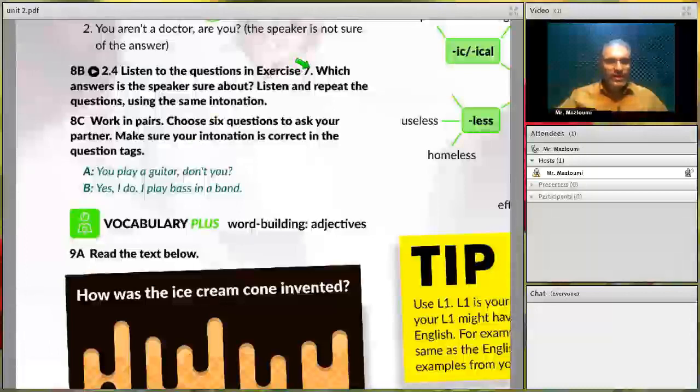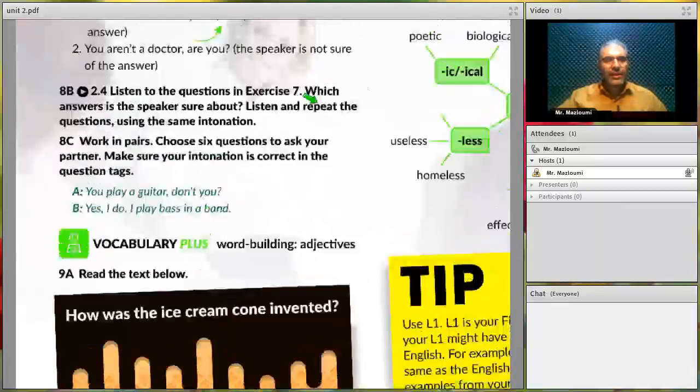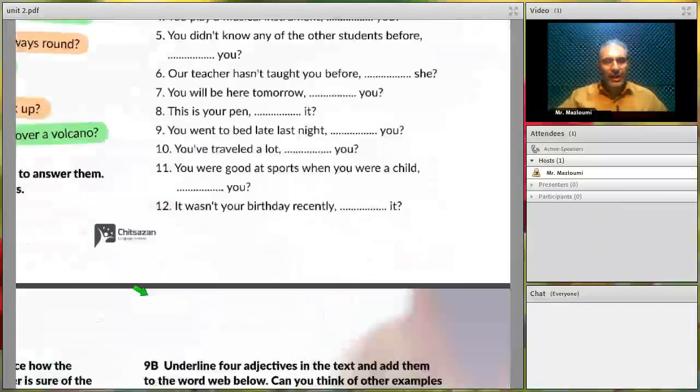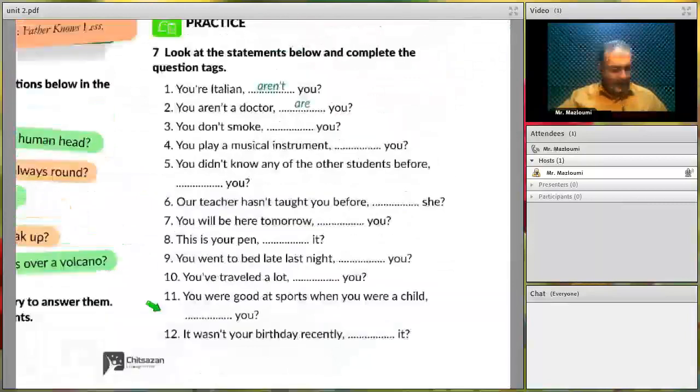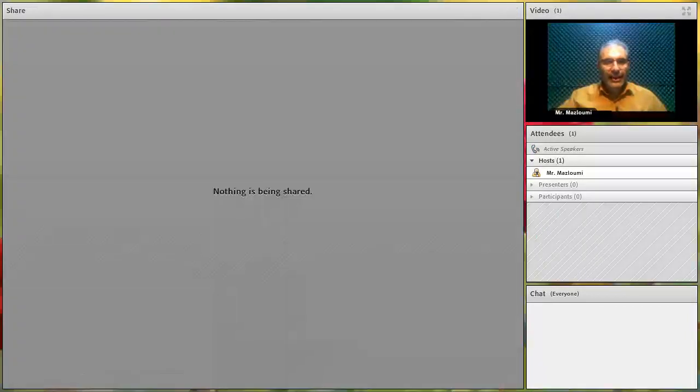Which answers is the speaker sure about? Listen and repeat the questions using the same intonation. Now, everyone, on page 16, look at the statements here, the 12 statements, all right, and take a listen.